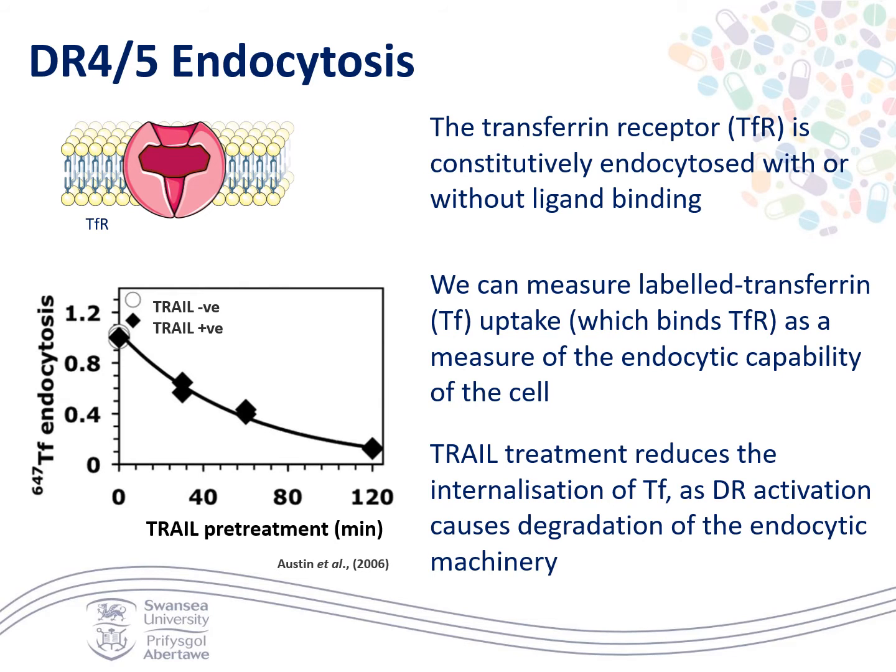That's why we see up to 2 hours this steady decrease in transferrin uptake, resulting from the fact that TRAIL activation has broken down and cleaved endocytic machinery, so we no longer have this constitutive internalization of the transferrin receptors. It's a really cool experiment.